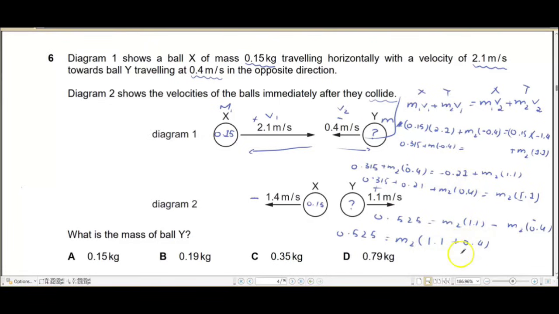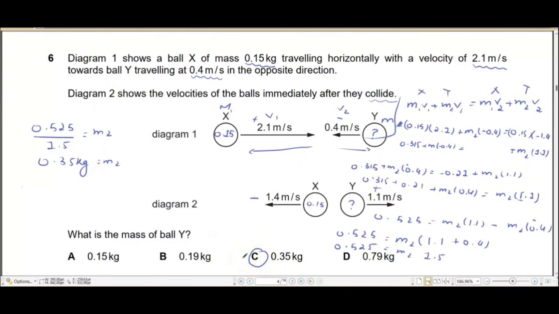So this is going to be 1.1 plus 0.4, and this is going to give us an answer of 1.5. So 0.525 divided by 1.5 is our mass m2, which is 0.35 kgs. So this is our answer C.